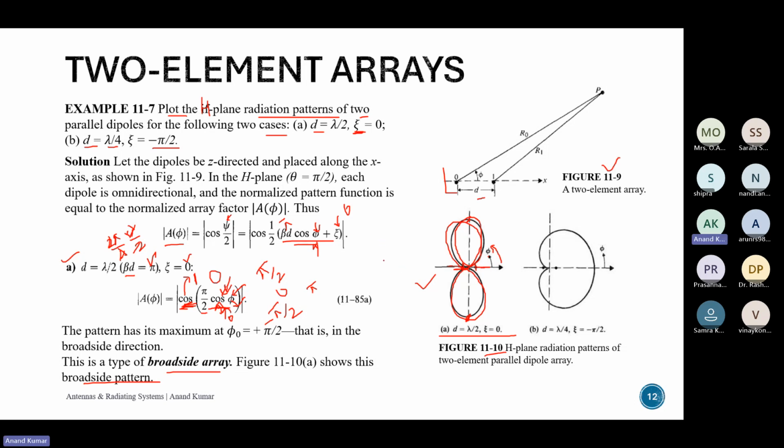If you have any questions, we can discuss this, and then move to the second case where we have d equals lambda by 2, and what was this element? Xi, right? Xi is minus pi by 2.